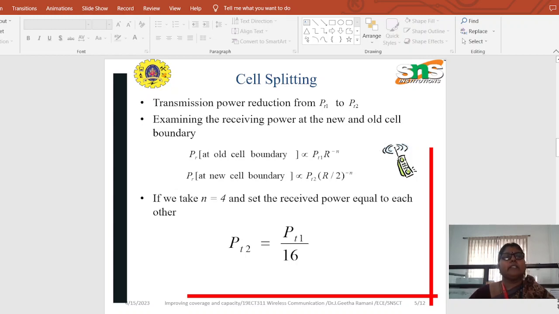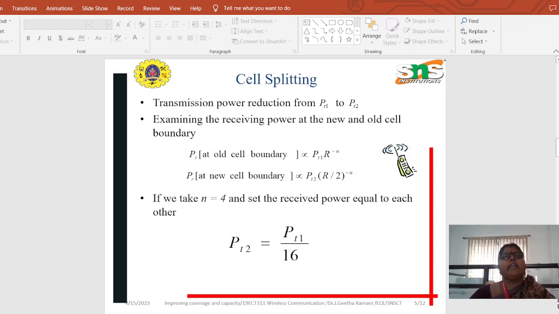Now we are examining the received power at the new and old cell boundaries. Consider the old cell boundary where the power is directly proportional to PT1 into R^-n, where R is the radius of the old cell. Now consider the new cell boundary where the power is directly proportional to PT2, that is the reduced power, into (R/2)^-n, where R/2 is the new radius of the reduced, that is split, cell.